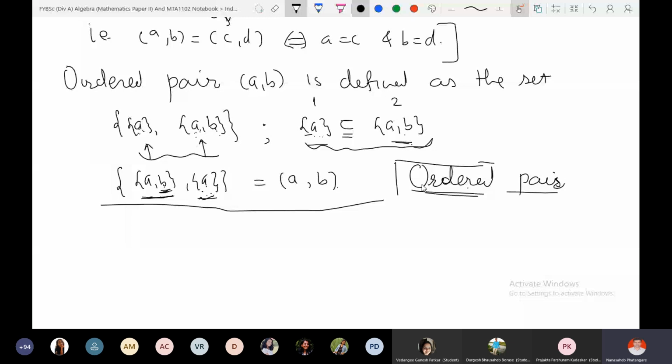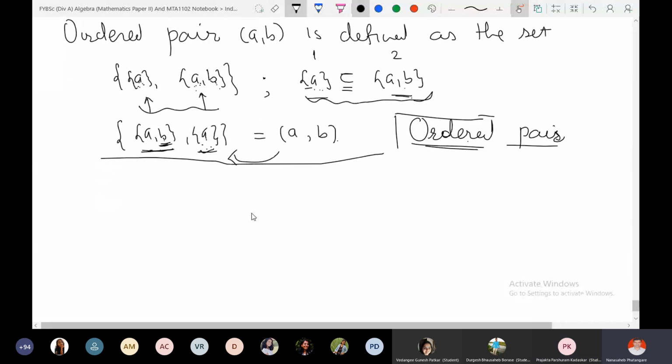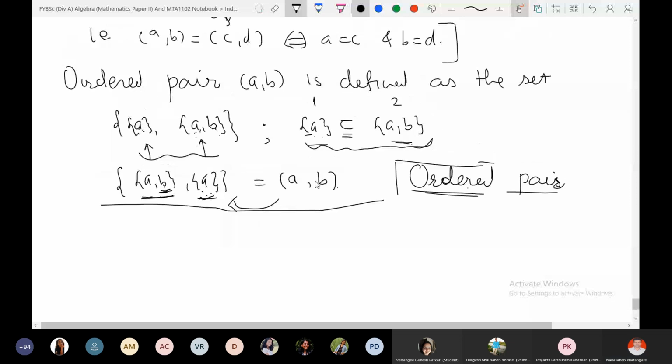So the set AB is superior to set A because it is a bigger set, and that's why the pair AB is called an ordered pair, because the word comes from this kind of definition. Is it clear? Very good. So that's why the pair is called an ordered pair.